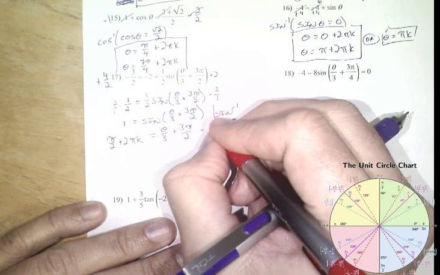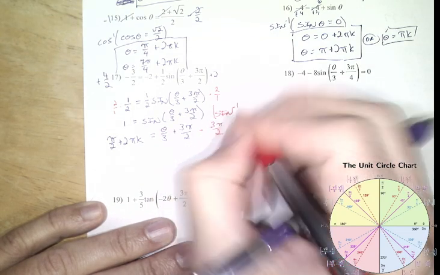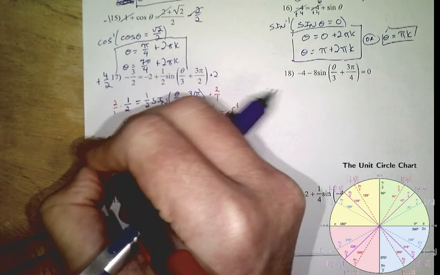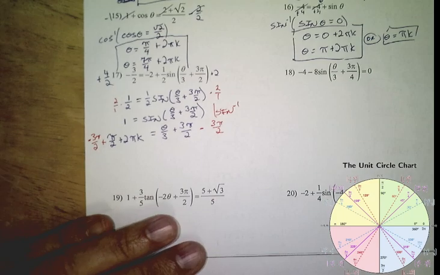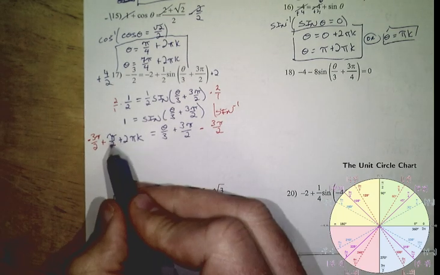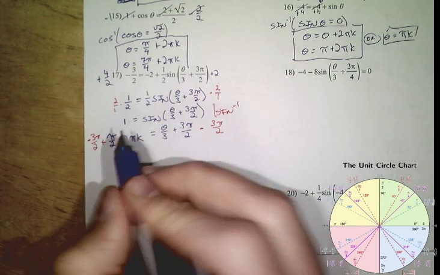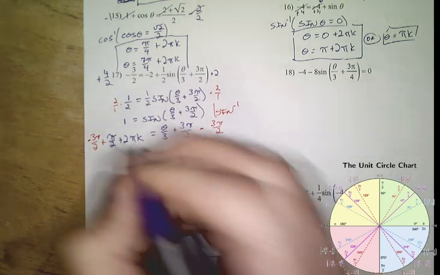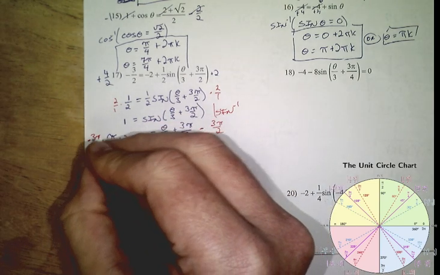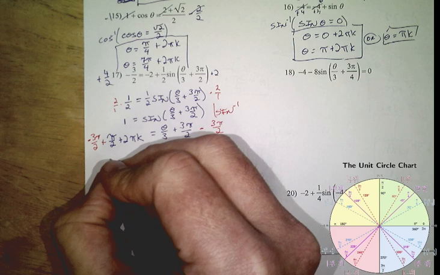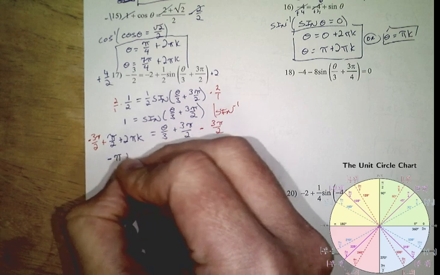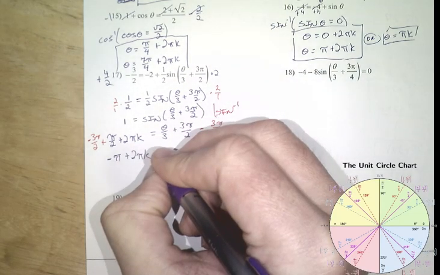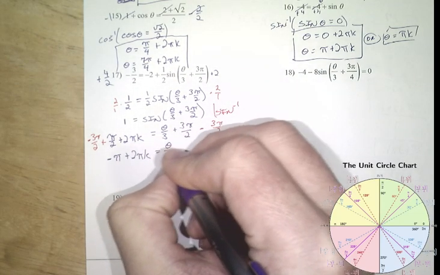Now we're going to subtract 3 pi over 2 from both sides. These are already common denominators, so that works out for us. So that is going to end up making negative 2 plus 1, which is negative 2 over 2. So that's just going to be a negative pi plus 2 pi k equals theta over 3.